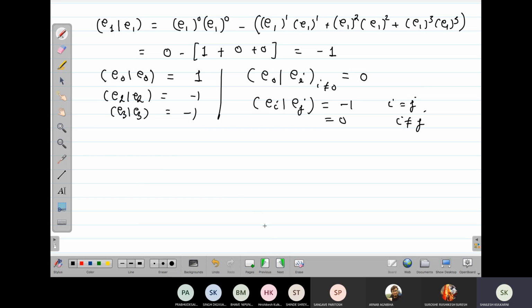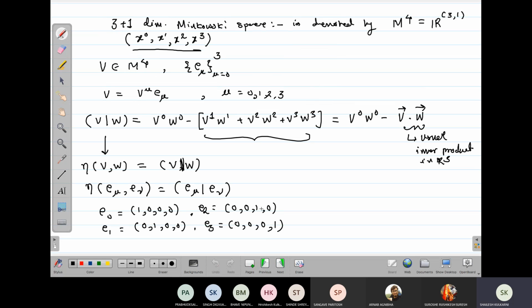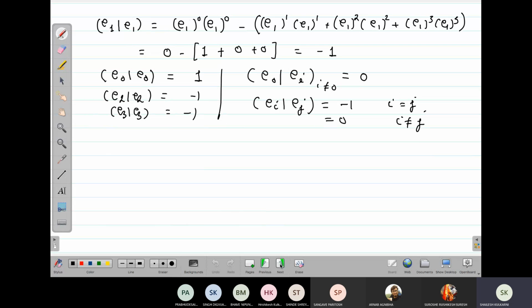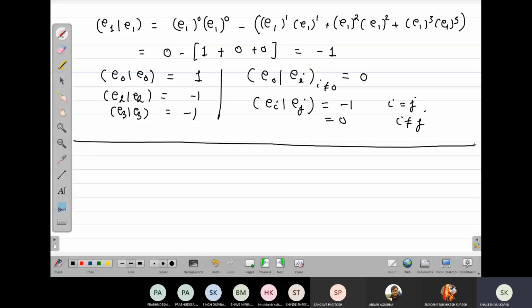Should I change this definition or not? If you understand whatever I discussed so far, you will answer this question. Is the question clear? See how I define this.